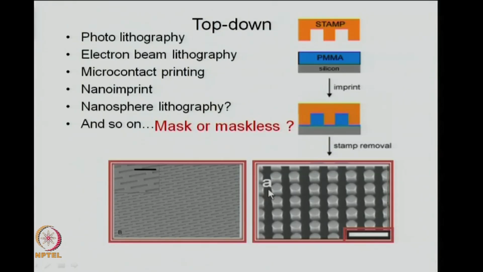The mask can be kept here, and so you remove only the places where the mask is not there, or it can be done the other way. Sometimes it is called positive etching or negative etching. But this is the basis of the top down approach, where you have a large object and you create small objects by removing parts of the body from that large object.